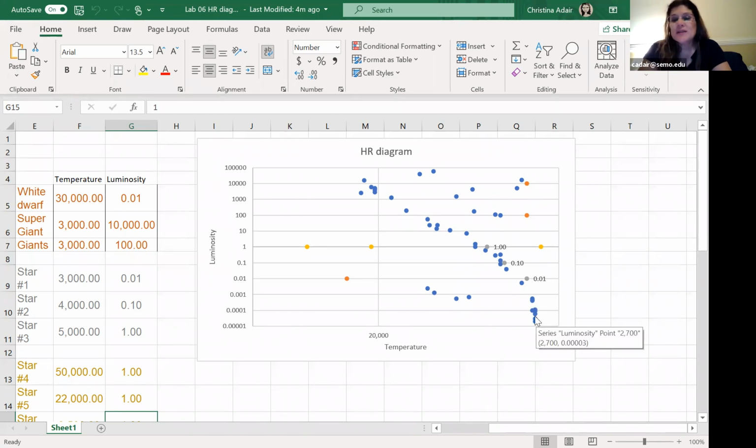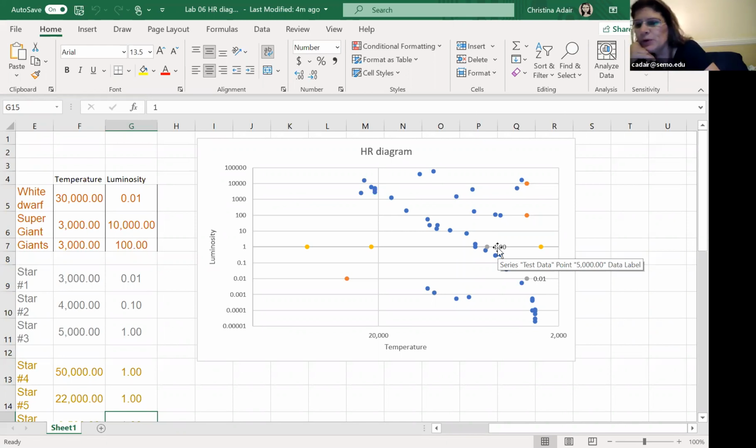It'll spend its whole life on the main sequence until it burns through its hydrogen, and then it'll go off the main sequence. And if you remember from the lecture or from looking at the book, the star turns off the main sequence and it does a whole bunch of stuff.